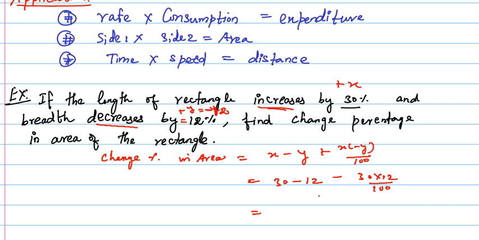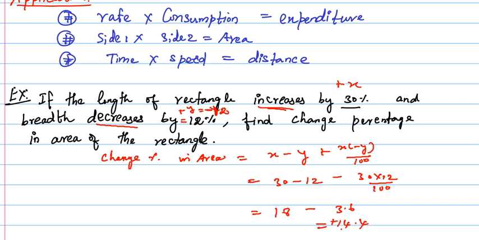If you simplify, you get 18 minus 3.6, which is equal to 14.4.